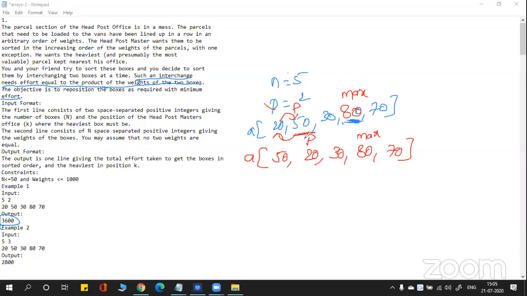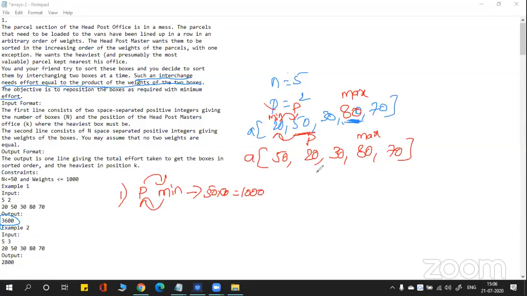First, if I am swapping here, I am interchanging the position and the minimum. I'll take my variable as P. So position and minimum are getting interchanged. What will be my effort here? Here my effort will be 50 into 20, which is nothing but 1000.